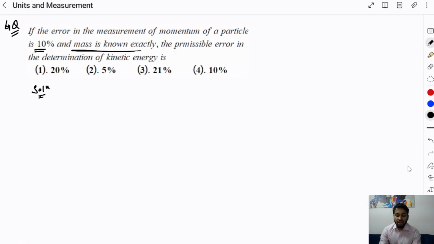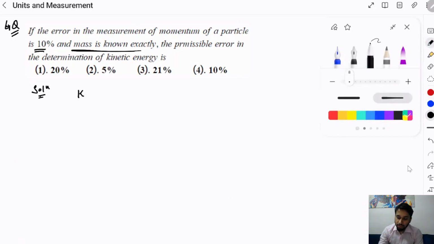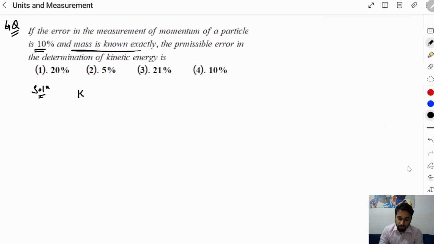Now what we have to do here is we have to relate kinetic energy with momentum and mass, and then based on that we have to figure out. Now kinetic energy formula is half mv square.